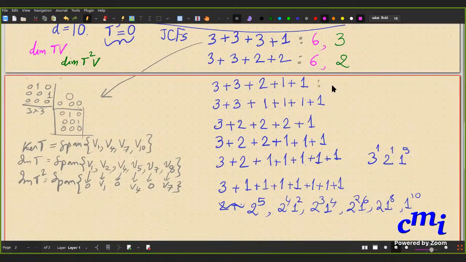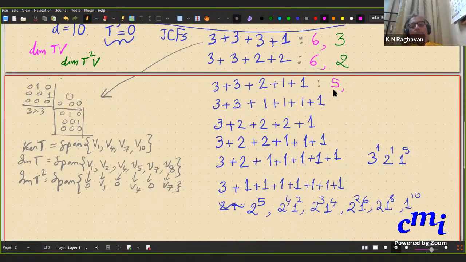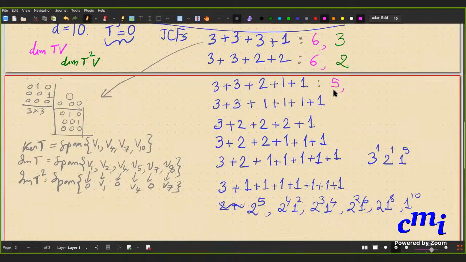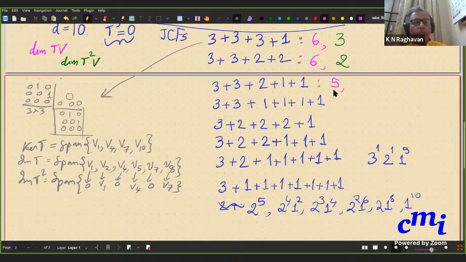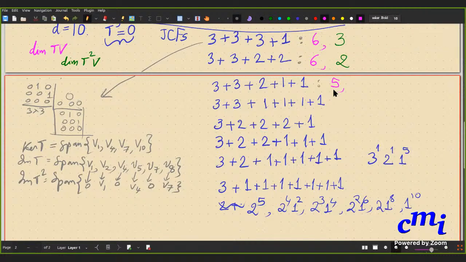Very good. What's the T square? Is it 2? Yes. Okay. This one, 4.